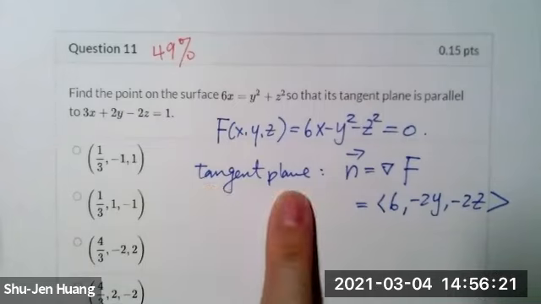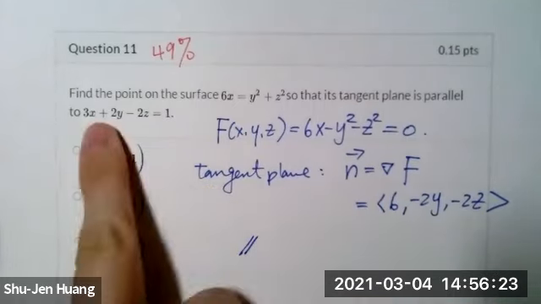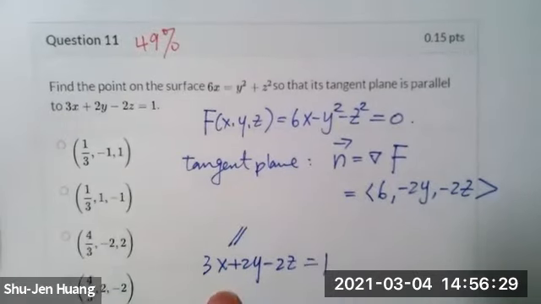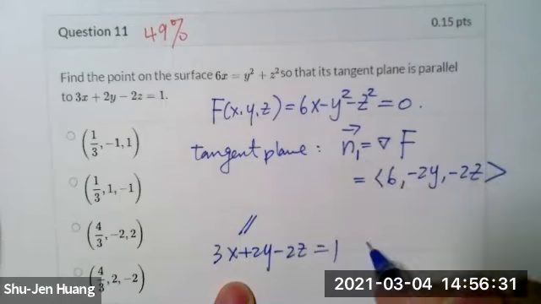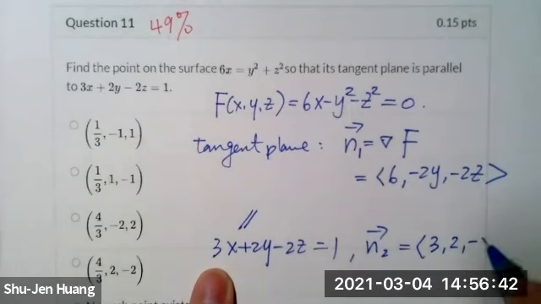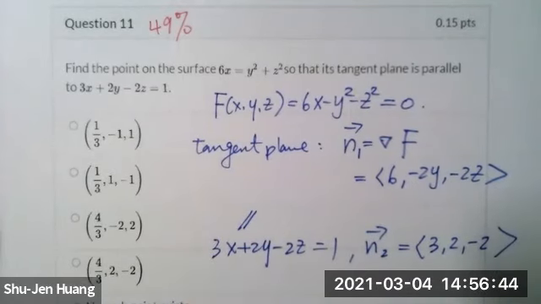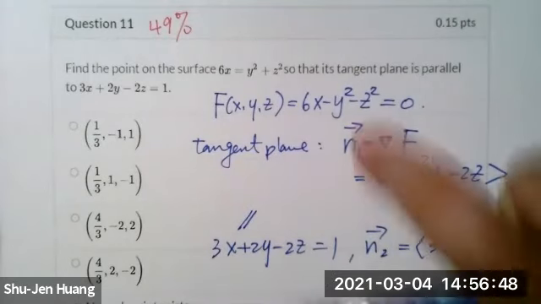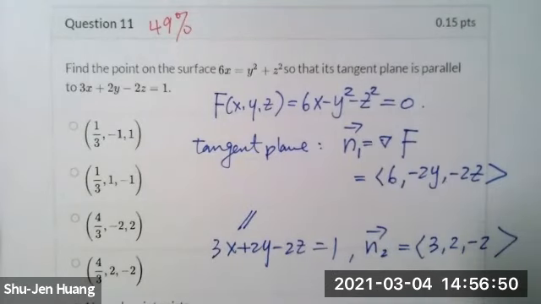And it says the tangent plane is parallel to this plane, 3x plus 2y minus 2z equal to 1. For this plane, can you tell me what's the normal vector? 3, 2, -2. Just the coefficients for x, y, z, right? Okay, and when two planes are parallel, what's the relation between the two normal vectors?